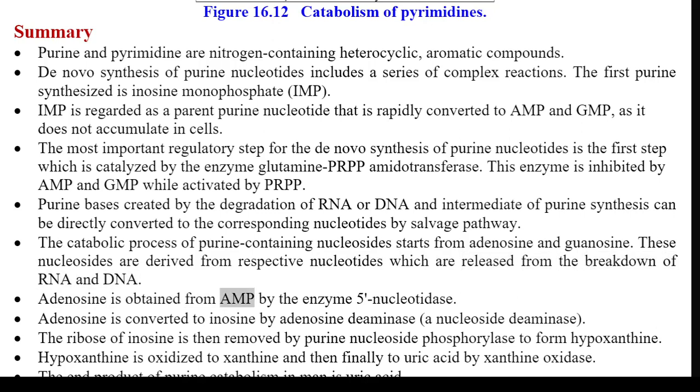Adenosine is obtained from AMP by the enzyme 5'-nucleotidase. Adenosine is converted to inosine by adenosine deaminase, a nucleoside deaminase. The ribose of inosine is then removed by purine nucleoside phosphorylase to form hypoxanthine. Hypoxanthine is oxidized to xanthine and then finally to uric acid by xanthine oxidase.